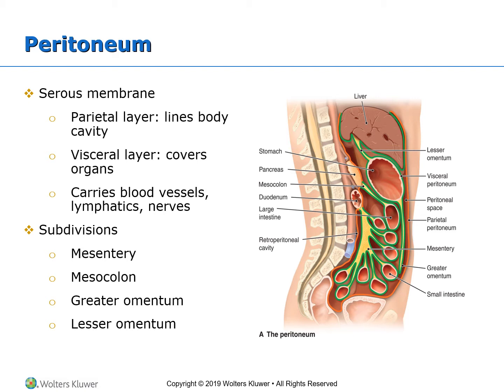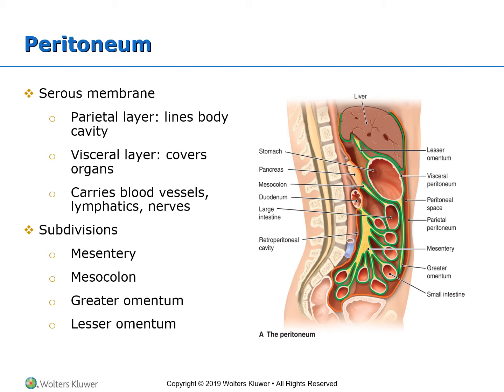We also have some subdivisions of the peritoneum, and we'll start by defining the mesentery. So the mesentery is a double layer portion of the peritoneum, and it's positioned and shaped in a fan type of spreading inside the abdominal cavity. The main function of the mesentery is to be attached to the posterior abdominal wall, and you can see it as the thicker yellow structure in the middle of the picture that connects every single loop of intestine.